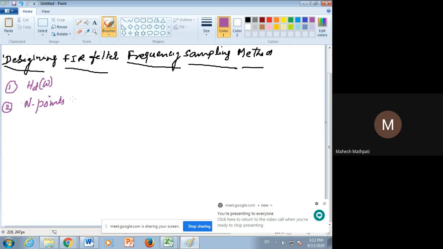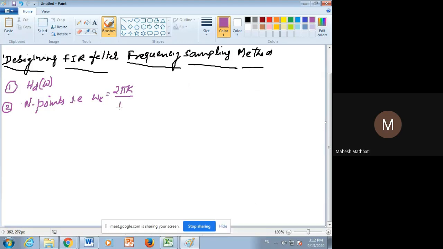We are writing it as omega k equals 2 pi k by N.